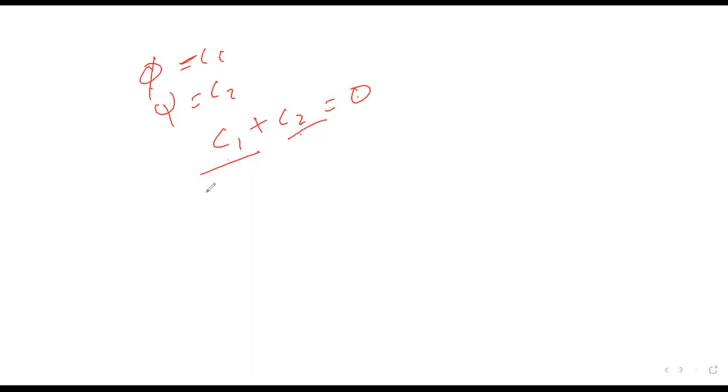So what is our pi? Pi was 2x square minus 3x minus z square plus 6z, isn't it? Again, chi will be x plus y square minus 2z, which is equal to 0.